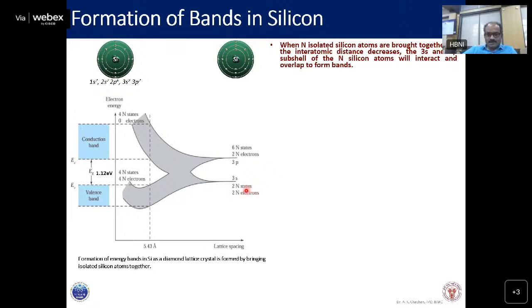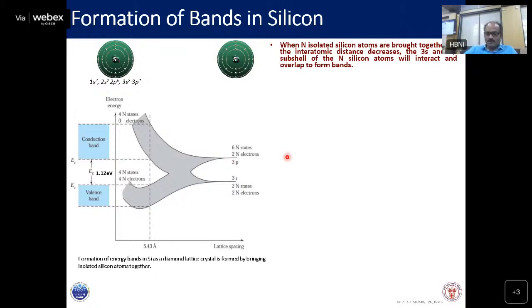So in that situation you will have 2n states of 3s level. Similarly, there will be 6n states of 3p level, and out of them 2n states are occupied by electrons because only 2 electrons are available in the p state.